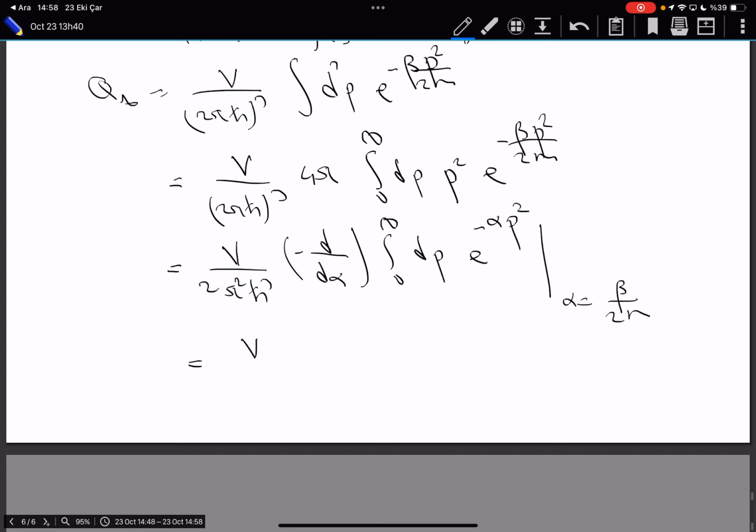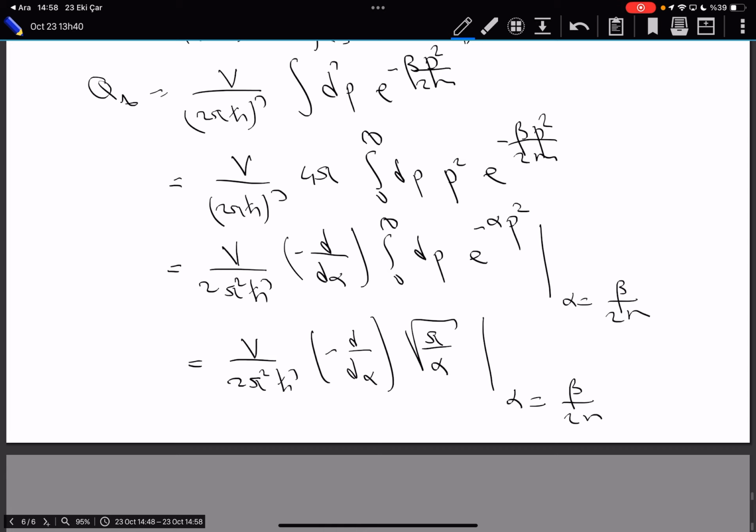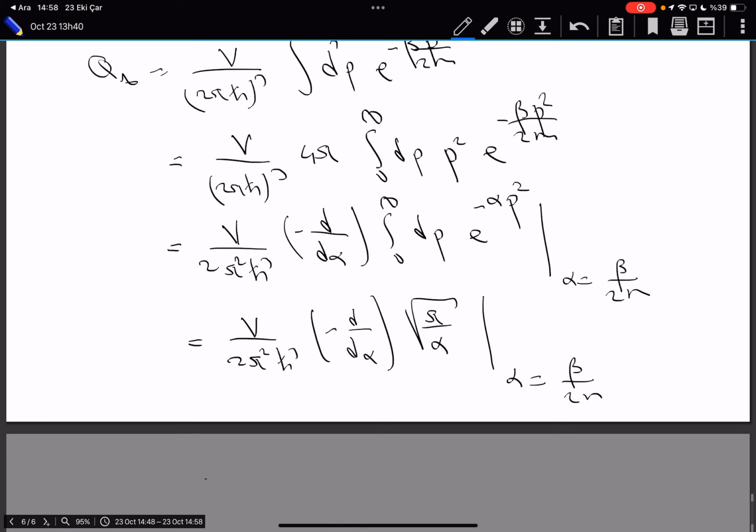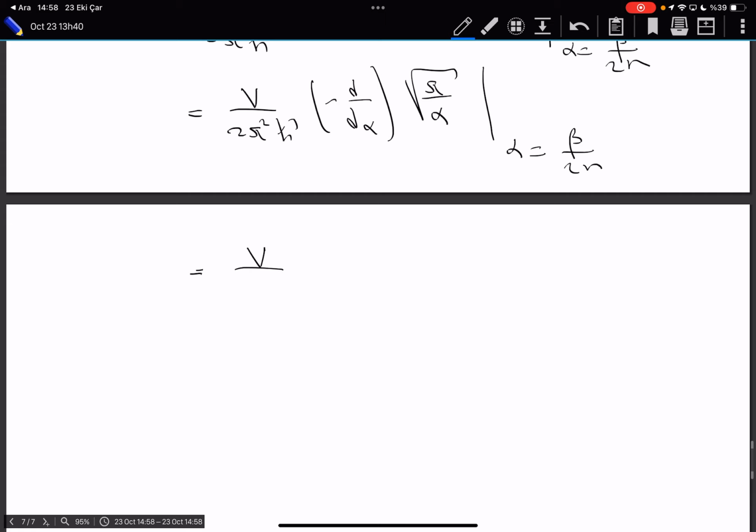Well, that integral is a Gaussian integral whose value is square root of pi over alpha. I take the derivative and set alpha equal to beta over 2m. Now I can take the derivative. The derivative of that expression will be square root of pi, 1 over 2, alpha to the power minus 3 over 2.